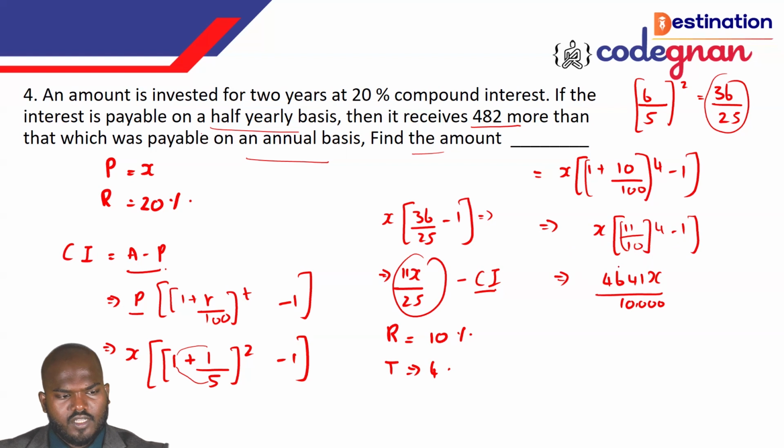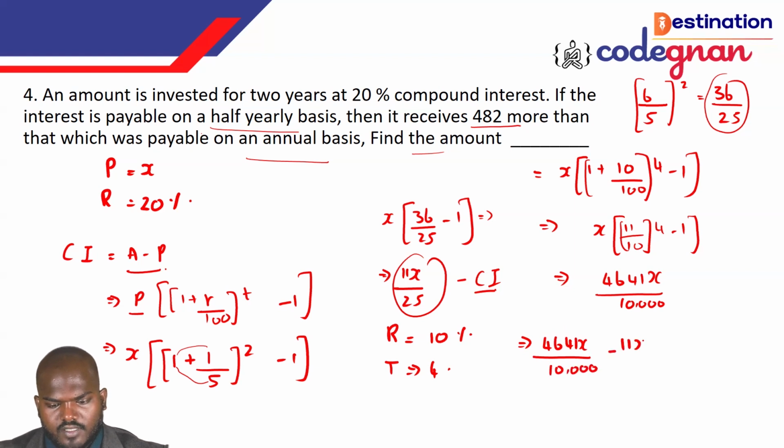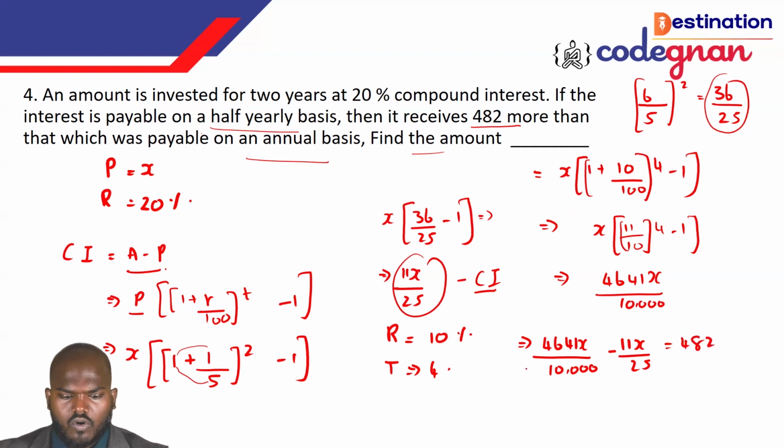According to the question, they are getting 482 rupees more compared to the annual basis. The annual basis compound interest value is 11x by 25. So 4641x by 10,000 minus 11x by 25 is equal to 482 rupees more.